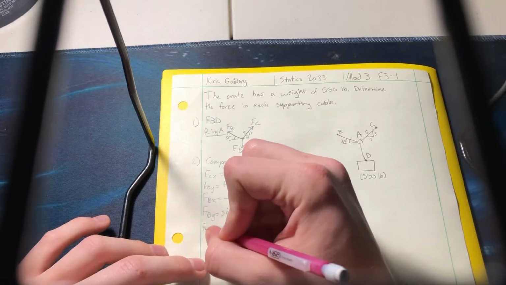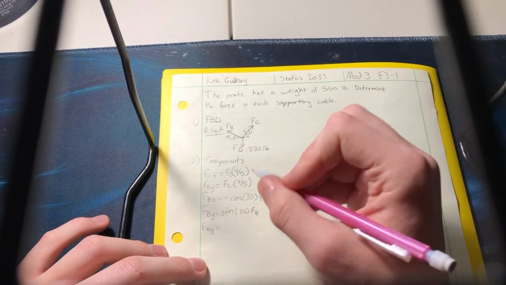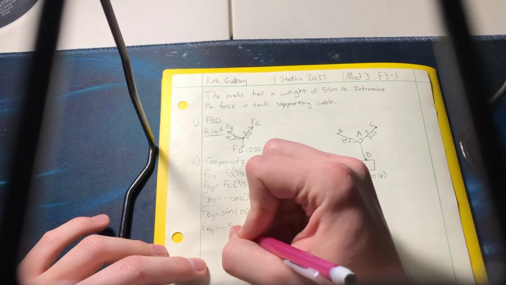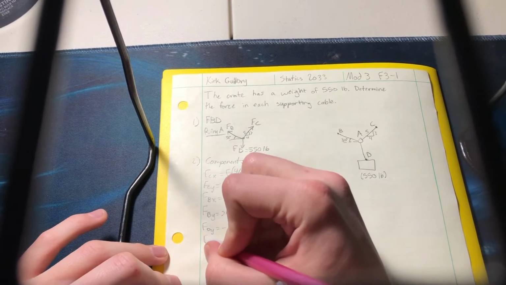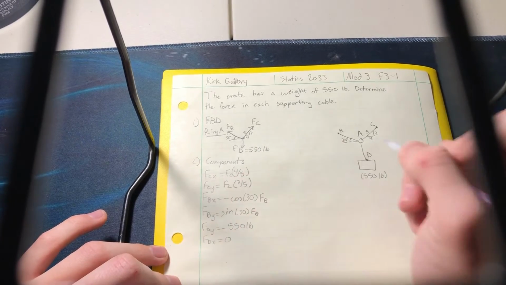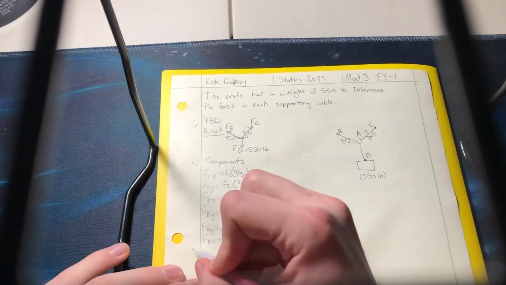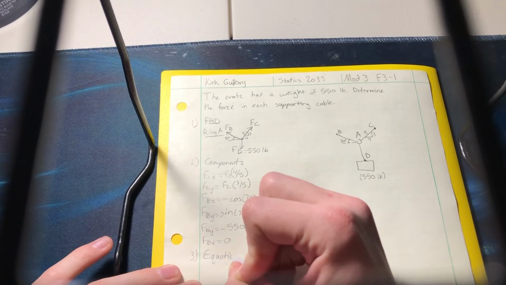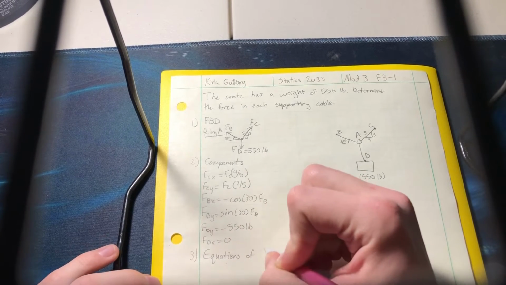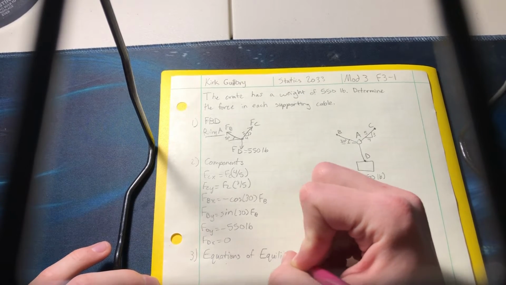FD only acts in the y direction, so FDY equals negative 550 pounds, and then FDX equals 0. After we do that, next step is equations of equilibrium.